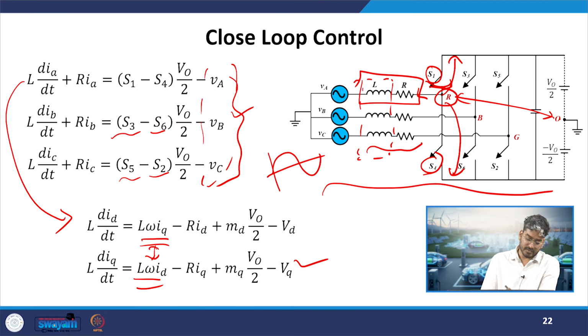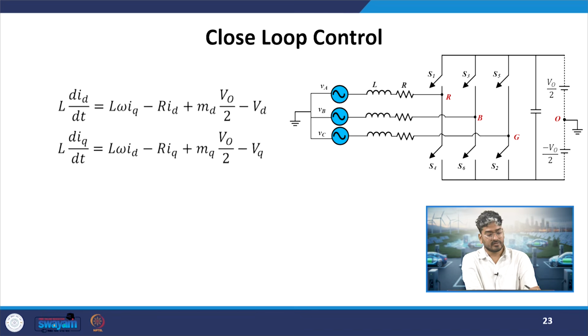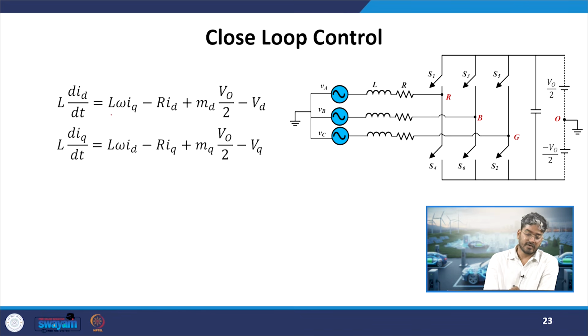So now we will slightly modify this such that these terms are perfectly decoupled from each other, that is, the D frame will be perfectly decoupled from the Q frame. We call these the cross coupling terms, and appropriate adjustment will be done in the closed loop controller so that the effect of this cross coupling is eliminated.